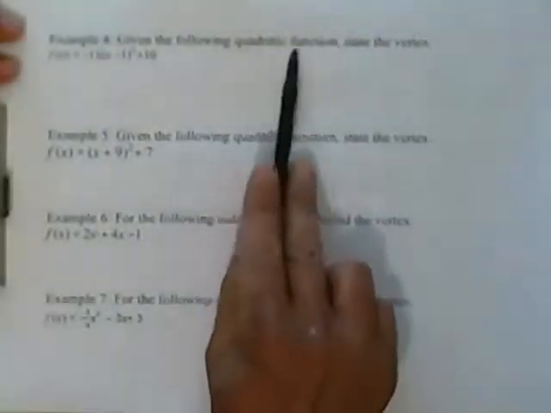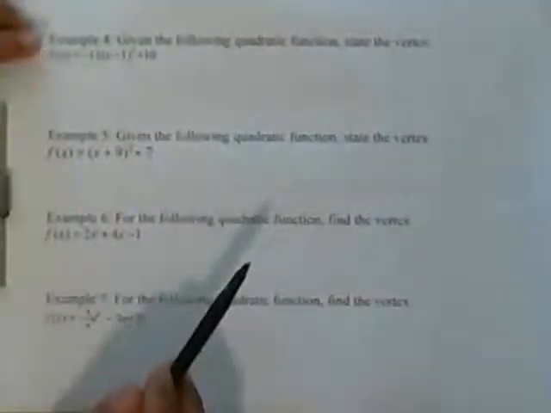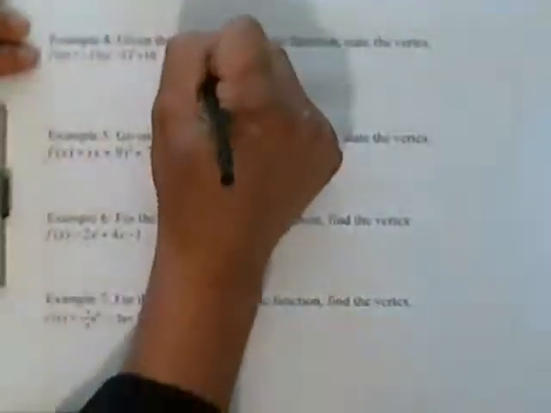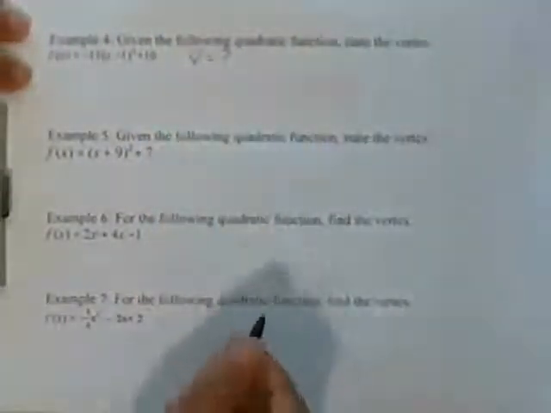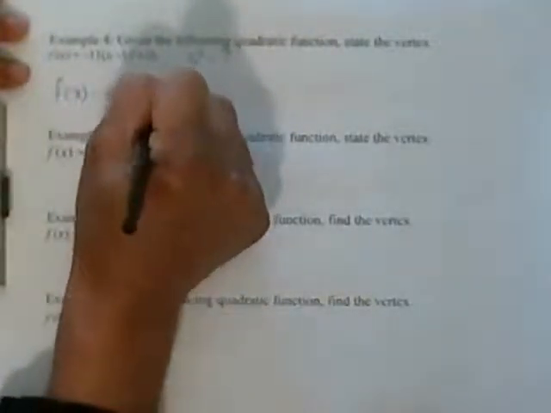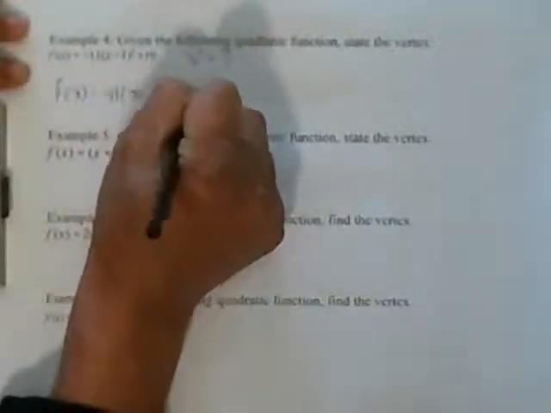Okay, next one. Example number 4. Given the quadratic function, state the vertex of this function. This is already in vertex form, or what they call standard form. The standard form, so we're trying to find the vertex. Okay, the function looks something like this. Negative 11 x minus 1 squared plus 10.